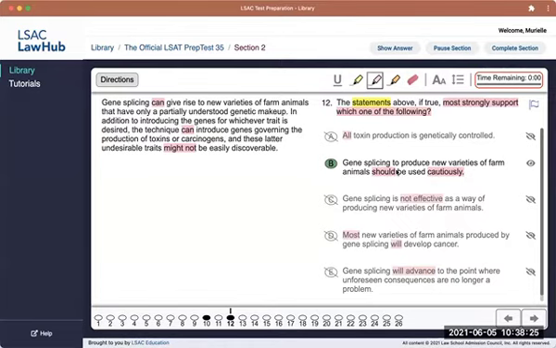Like I said, this is not my best question type. It's probably my worst question type. But that's how I would answer these. And even though it's not my best, I'm still getting the vast majority of this question type correct. I think it takes me a little bit longer.